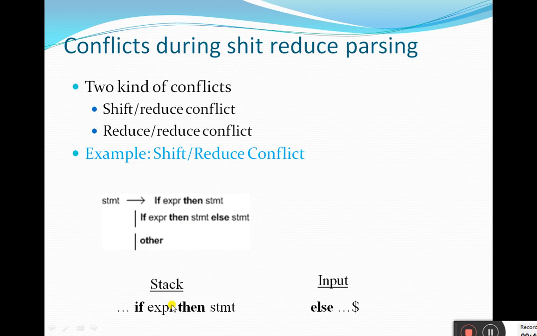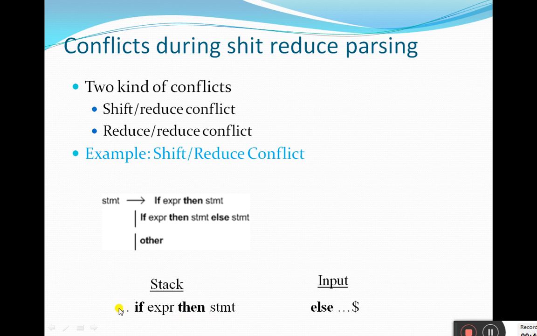Now suppose this is some random configuration of the shift reduce parser. It's not the initial configuration; I have taken some middle configuration. Suppose this is the content of the stack. If EXPR then statement is on the top of the stack, and below that there can be something else.